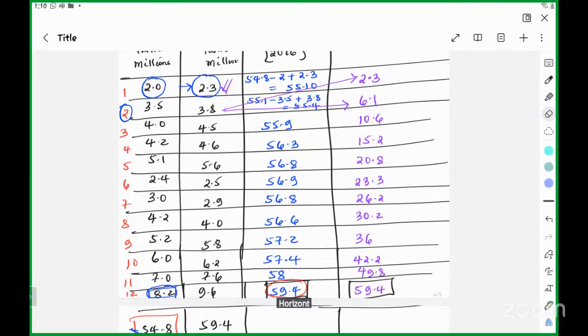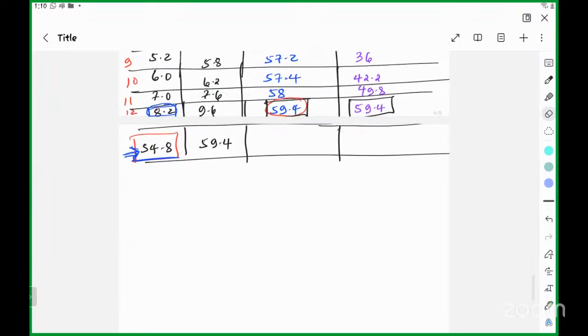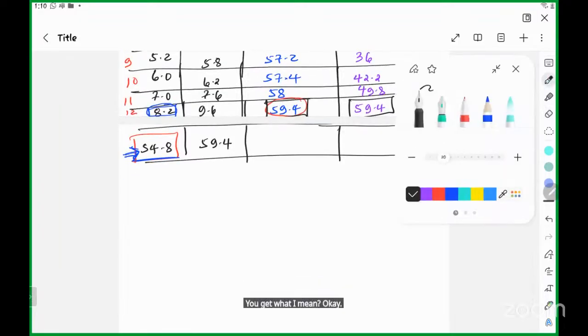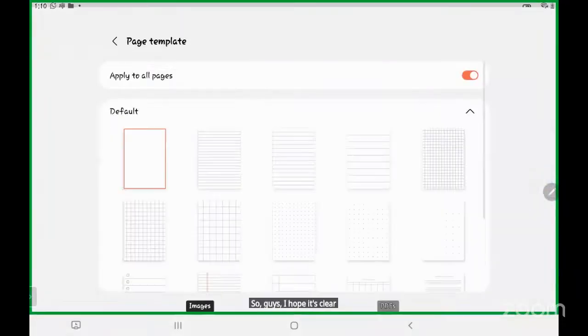Horizontally, use 1 centimeter to represent a month. You get what I mean? Okay. So guys, I hope it's clear. Let's move in.